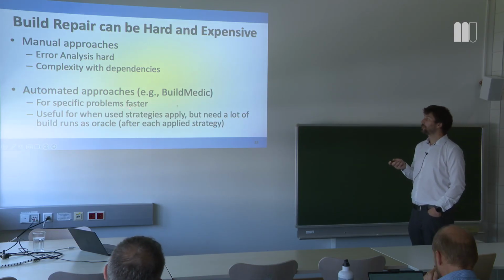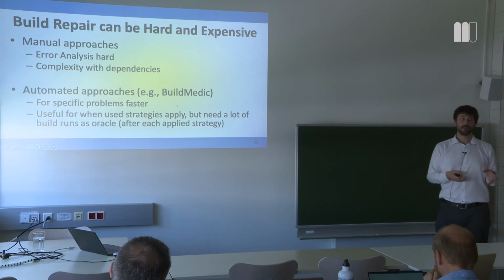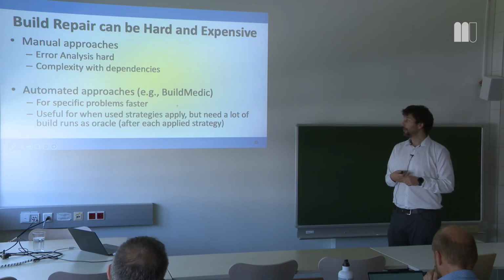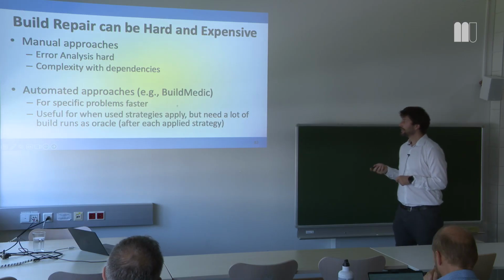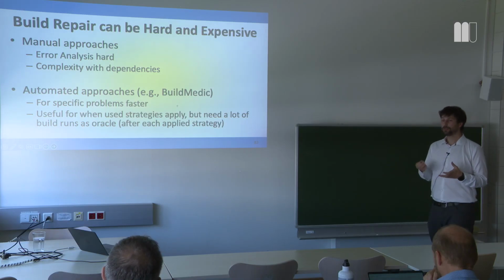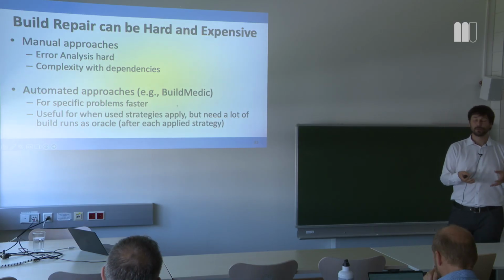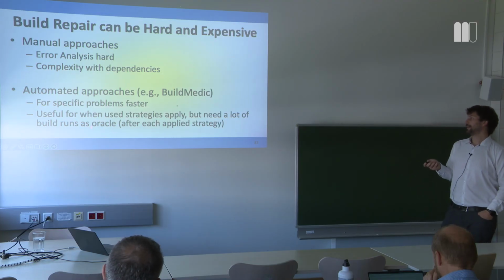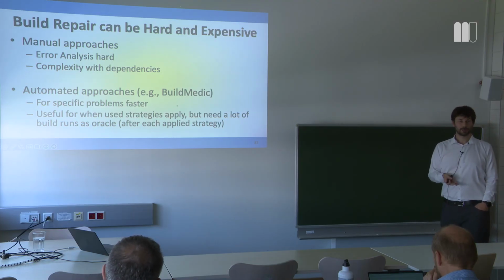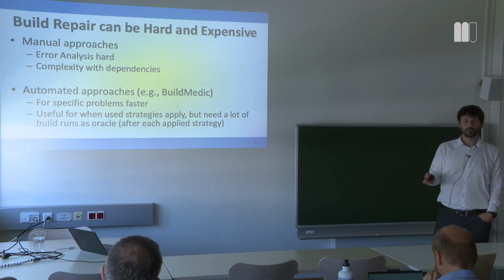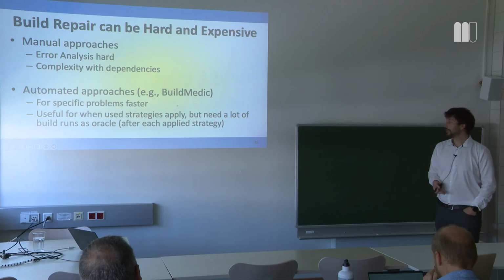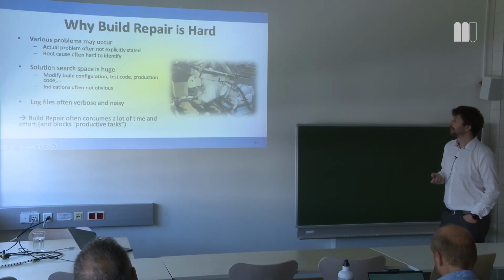We could fix some specific problems much faster than developers, and we could automate a couple of things that were already done when builds break. The problem is these strategies are very limited, tailored to specific scenarios, and we always have to run the build oracle. So we have to run the build afterwards, which means that we don't really reduce the load right now. I would even say that this approach increases the load.